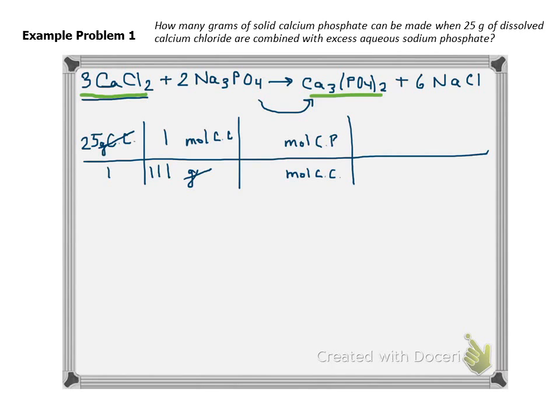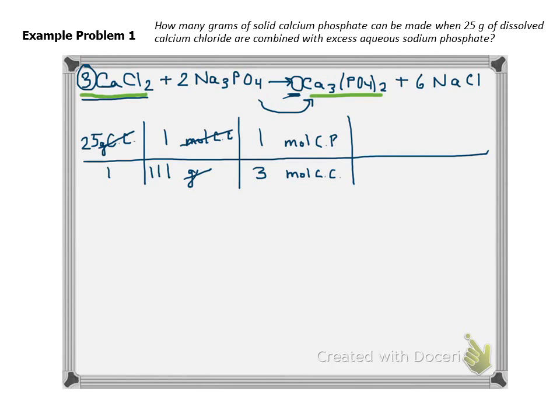According to the equation, for every 3 moles of calcium chloride, you will produce 1 mole of calcium phosphate. Remember, since there is no coefficient, just like in math, we're going to assume the number value is 1.